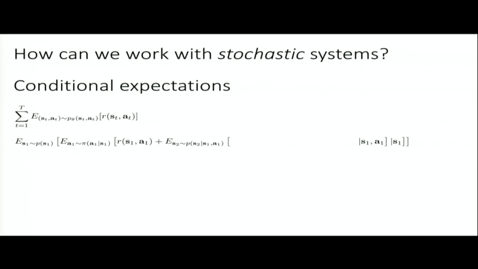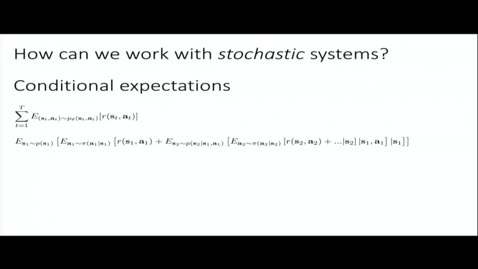The second one is an expectation with respect to the second state, which is distributed according to the dynamics, now conditional on the first state and action. And in there, it's an expectation with respect to the second action, again distributed according to the policy, of the reward plus the expectation of the third state, and so on. If we were to write this all out and keep track of the conditionals that are influencing this, we'd have all these nested conditional expectations. Does anyone have any questions about this way of writing the objective?